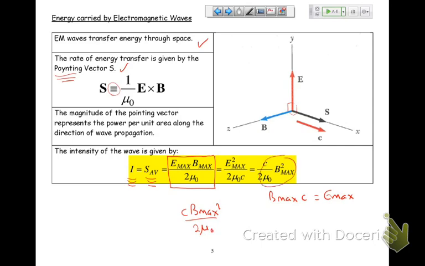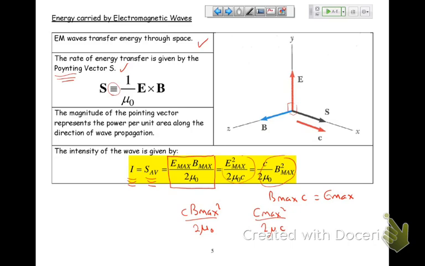And if I substitute in the other way, for Bmax, I get Emax squared over 2 mu naught c. So I get that one.